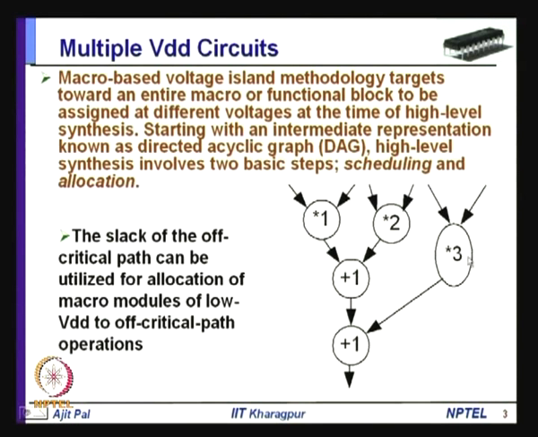So, this multiplier can be assigned a lower supply voltage, and obviously delay will increase, it will take longer time, but as long as it does not exceed the time required for 2 time steps, there is no harm. That means, as long as the computation is complete before the third time step starts, you can proceed with this particular allocation. So, this is the basic idea of this multiple VDD circuit.